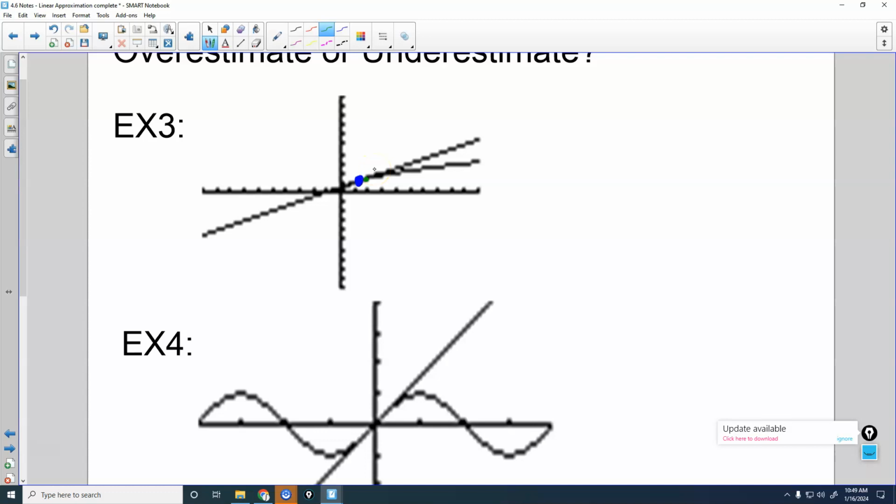Now we zoomed in on Desmos, which was a much better picture than we had here anyway. Was the graph that we had an overestimate or an underestimate for that? Okay, we got an overestimate. The estimate that we got was a little higher than what we actually had, right? So in this case, we got an overestimate.